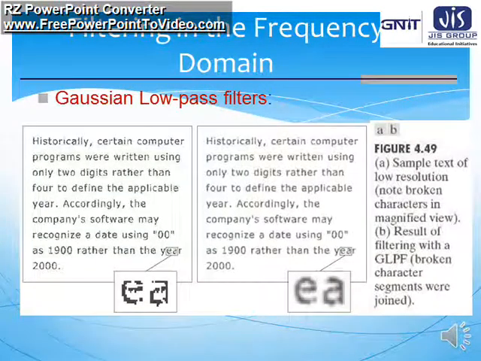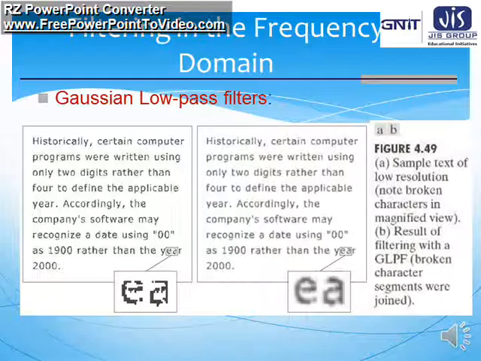Moving forward to the next slide, here we can see a Gaussian low pass filter applied to a sample of text with low resolution, not broken, and the characters in magnified view. In the next image, B, are the results of filtering with a Gaussian low pass filter, where broken character segments were joined.